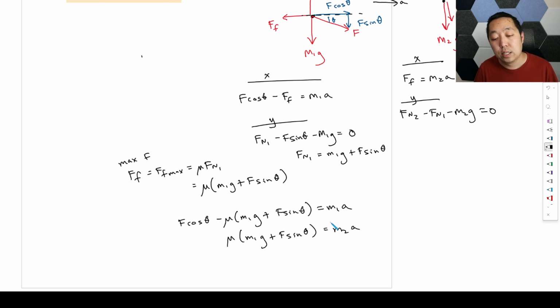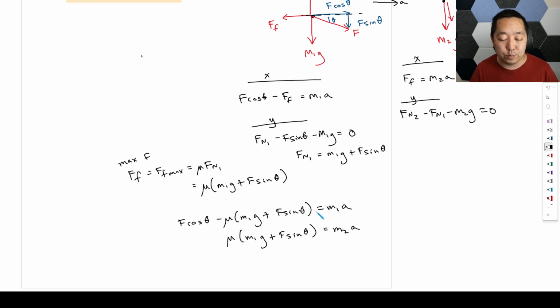Now, here's the thing, I can't just add these up. Well, you can add these up and you'll negate them out, but then F is unknown and the acceleration is unknown. I don't actually know what the acceleration is, right? So that isn't sufficient to work that out.